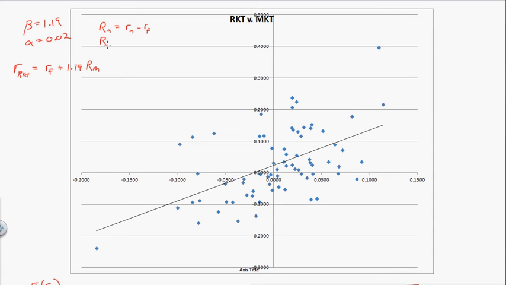I'm going to say capital R subscript Rock-Ten is equal to this. So if I subtract the risk-free rate from both sides, that should be beta.